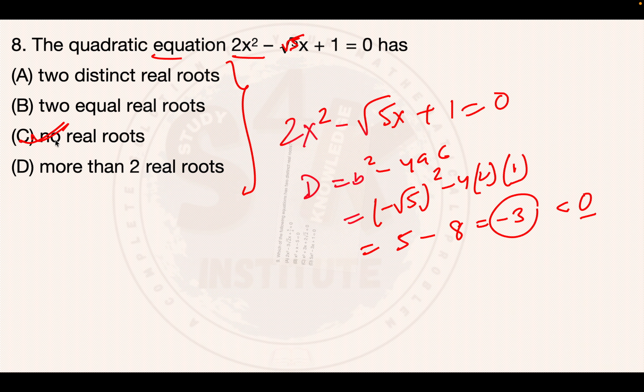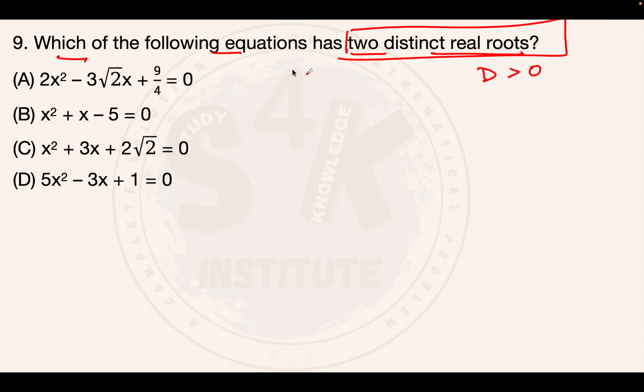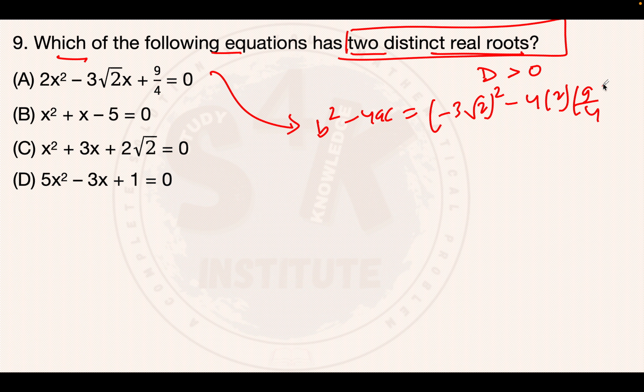Okay, let's do the next question. Which of the following has two distinct real roots? To get this, you need to have the discriminant greater than 0, right? So you need to check in all. b square minus 4ac is equal to negative 3 root 2 square minus 4 into 9 over 4 into 2, that is 18 minus 18.